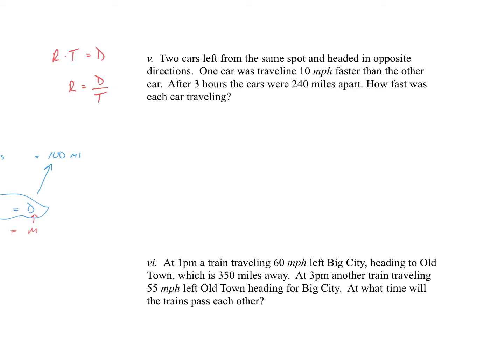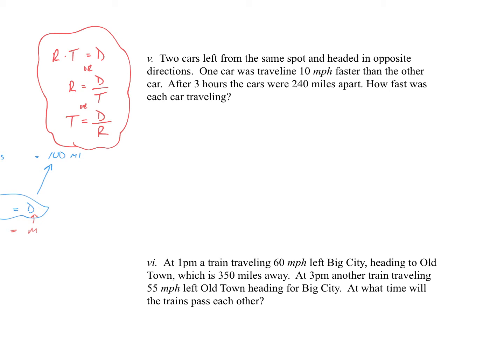So if I wanted to know how fast I'm going, all I have to do is divide the distance I've traveled by the time that I've been traveling for, and that will solve for rate for me. Similarly, if I want to solve for time, all I need to do is divide the distance I've been traveling by the rate that I've been traveling at. So these three formulas are all true, and we're going to need to use them in these word problems that ultimately are going to turn into equations for us to solve.